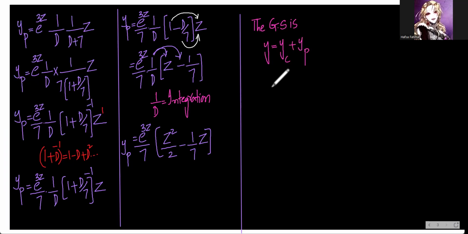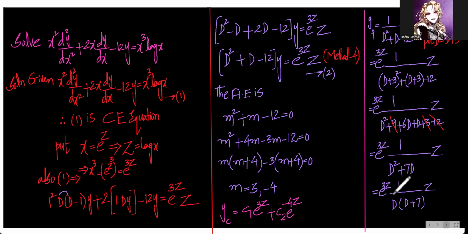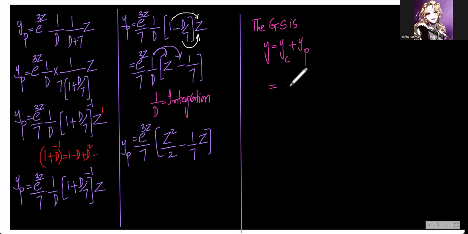This is equal to, the complementary function is c1 e power 3z plus c2 e power minus 4z, plus yp can be written as e power 3z by 7 into z square by 2 minus 1 by 7 into z.